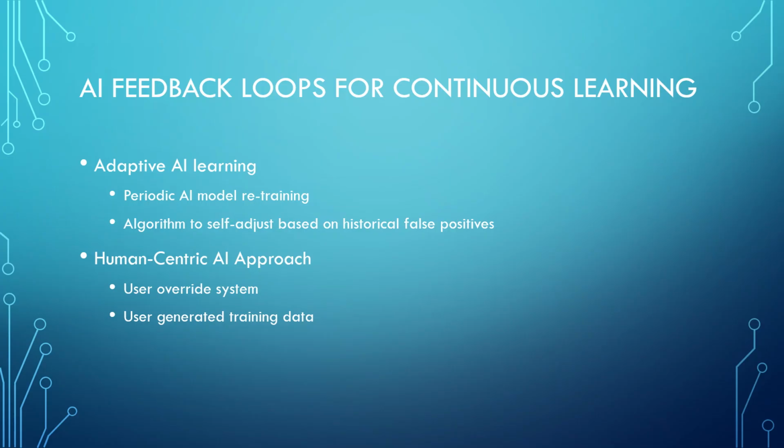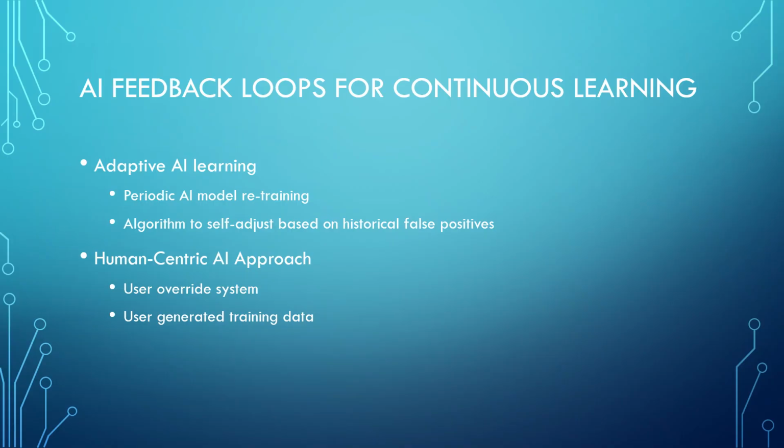The second is an algorithm that self-adjusts based on historical false positives. We have to make sure the model gets self-adjustment for false positives. We can use dynamic thresholding, reinforcement learning, adaptive smoothing, or feature engineering, where the system can learn from the feedback.